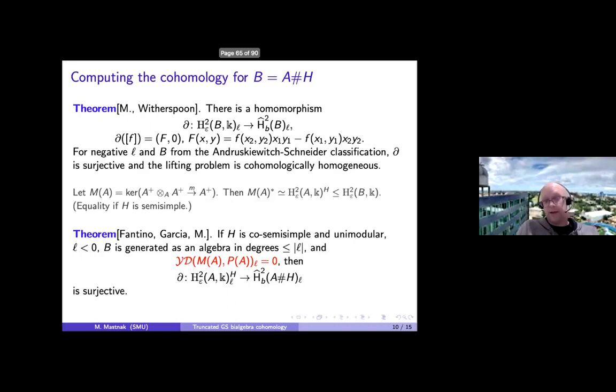Then this map that I talked about above will always be surjective.